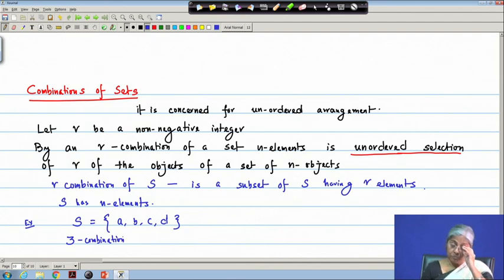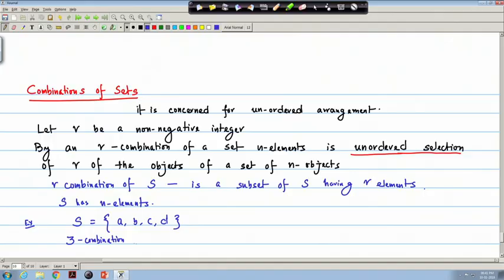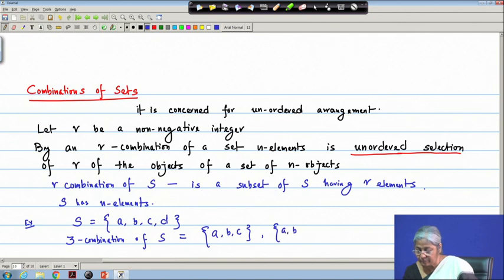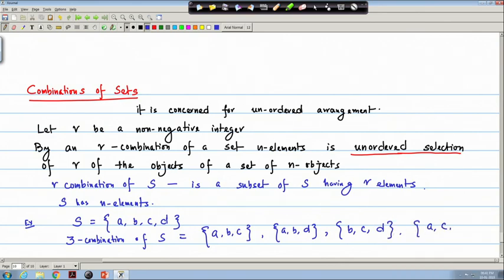That means I have to take the subsets having 3 elements from this 4 element set S. So, the 3 combinations of S are ABC, ABD, BCD, then ACD. So, these are the 4 3 combinations.